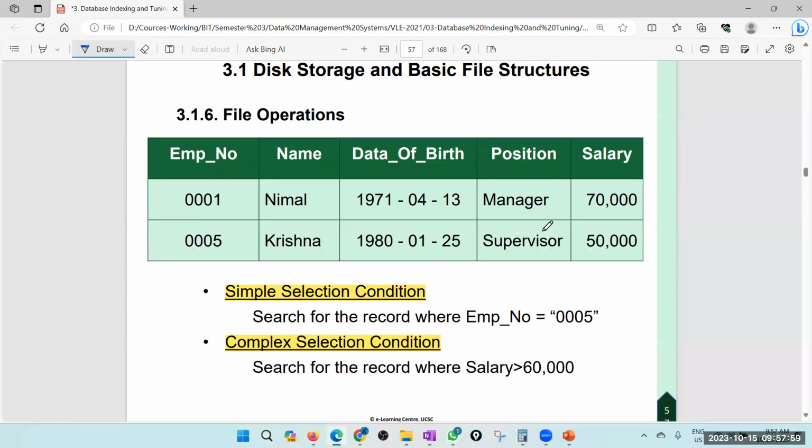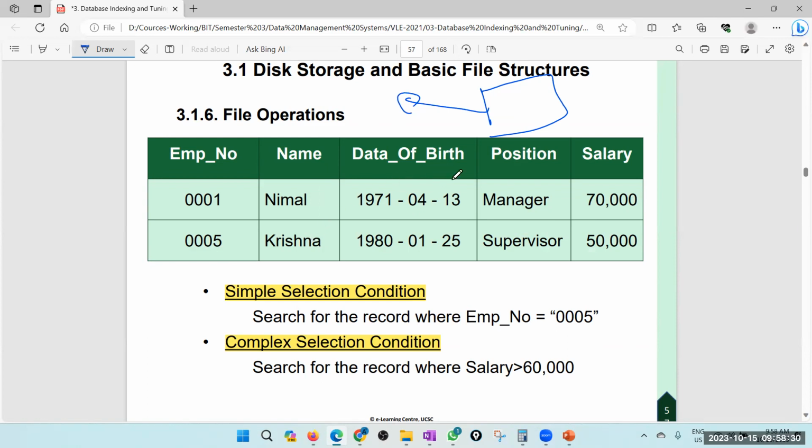And also, sometimes our retrieval involves only one record. Say you want to select all from employee where employee ID equals 5. Usually one record can fit into one block always. So in that kind of situation, we just have to retrieve only one block.